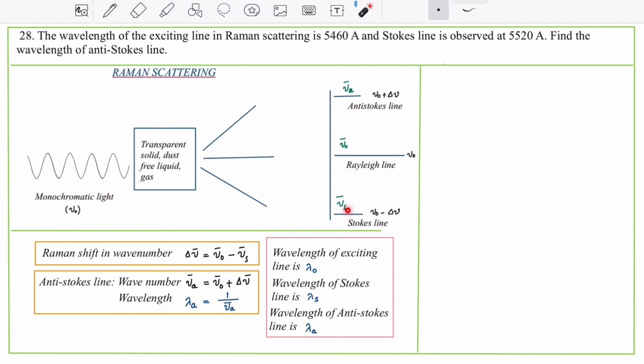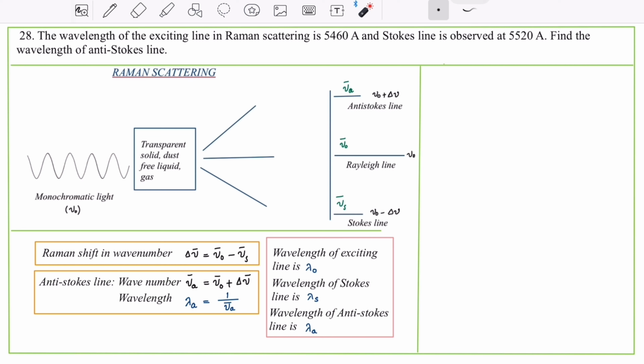Let nu s bar be the wave number corresponding to the Stokes line and the corresponding wavelength be lambda s, and let nu a bar be the wave number of anti-Stokes line and the corresponding wavelength be lambda a. Now the Raman shift in wave number is given by nu 0 bar minus nu s bar, and the wave number of anti-Stokes line is given by nu 0 bar plus this Raman shift in wave number.